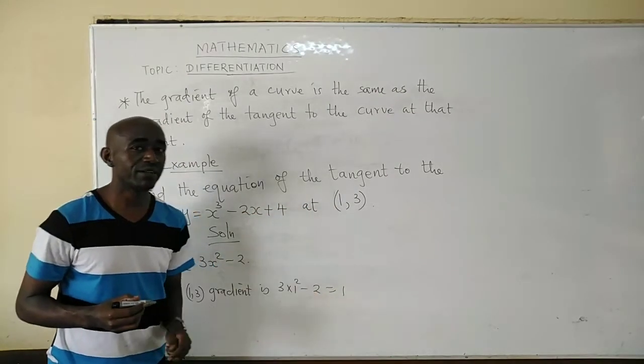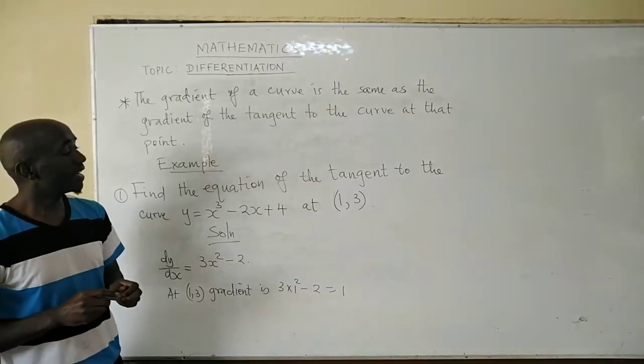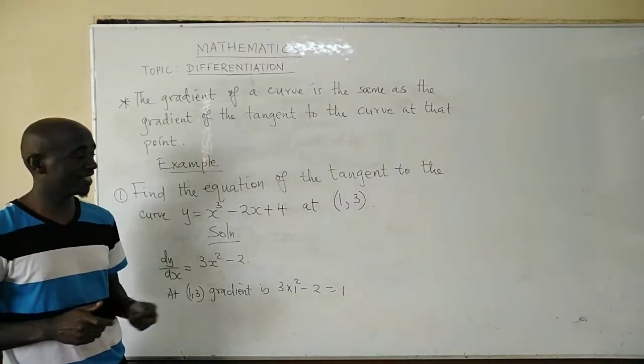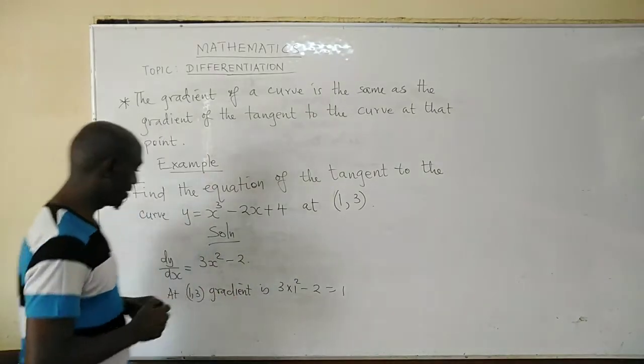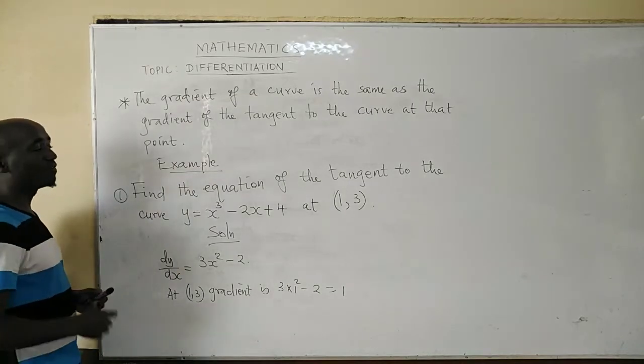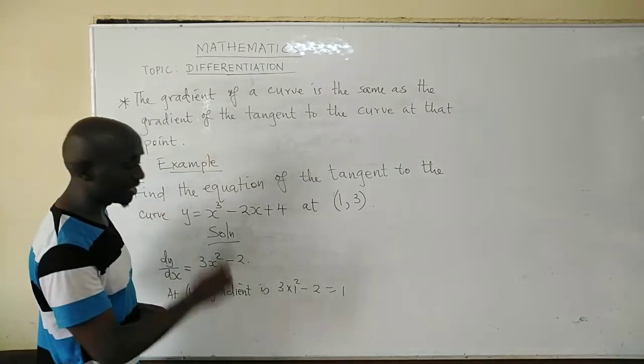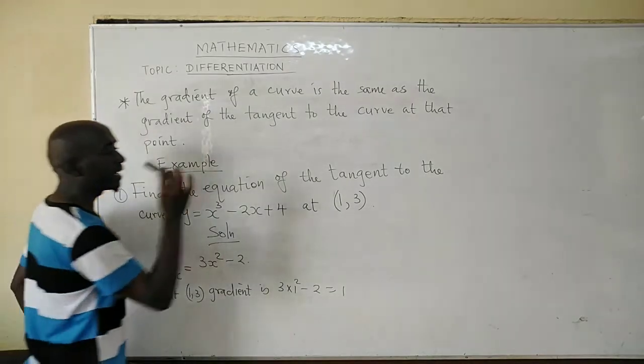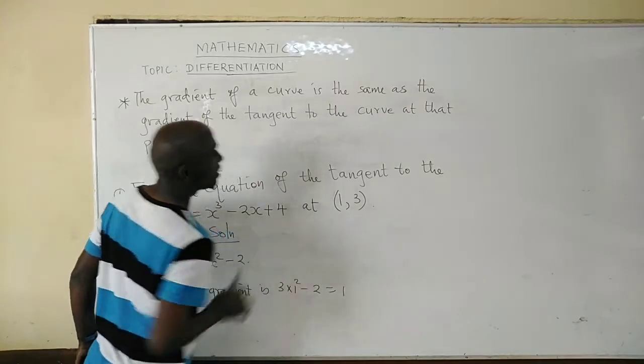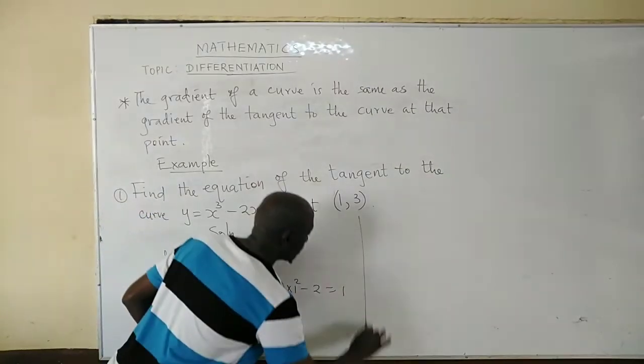What does that mean? It means that the gradient of our tangent is also 1. So we know the gradient of that straight line tangent is 1, and the tangent passes through (1, 3). So how can we get the equation?